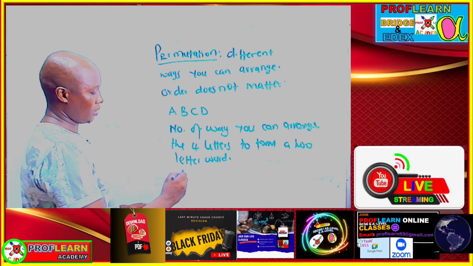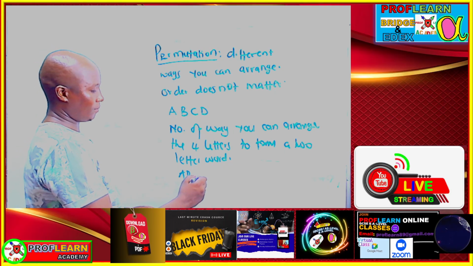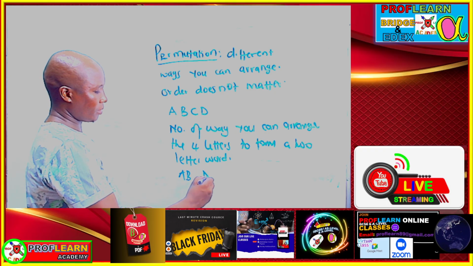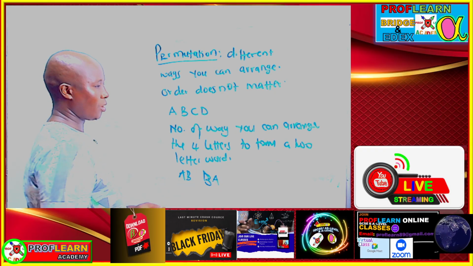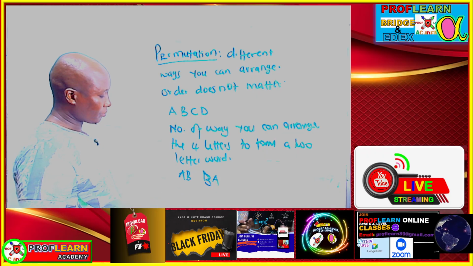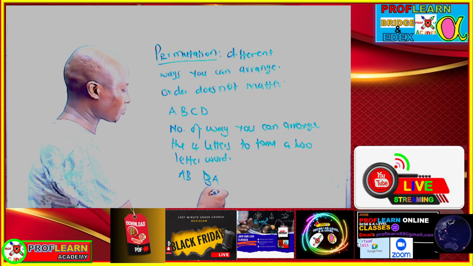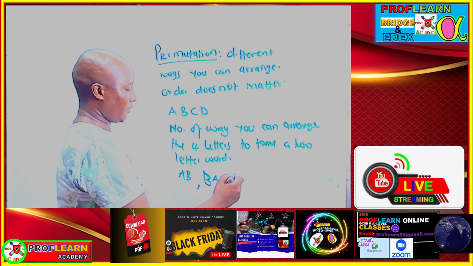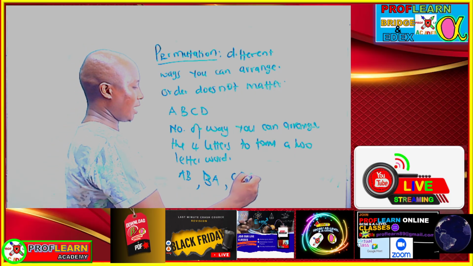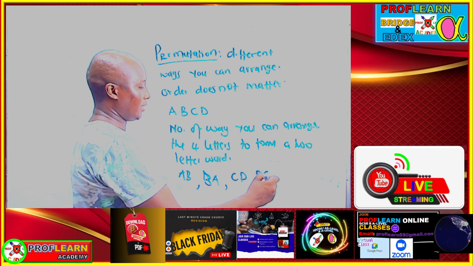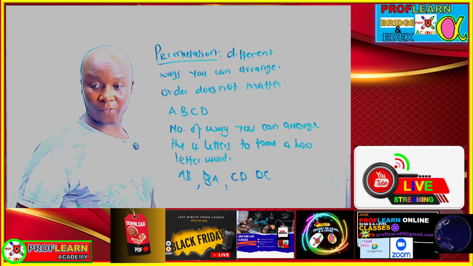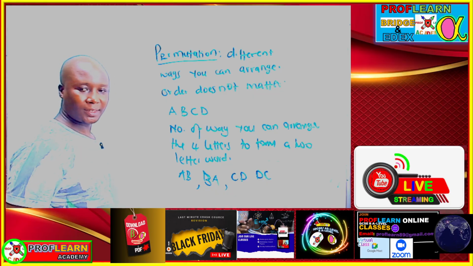You can have AB, you can have BA. Order matters, meaning AB is a different item from BA. We can have CD, you can have DC, and so on. You can have many different options that you can arrange.